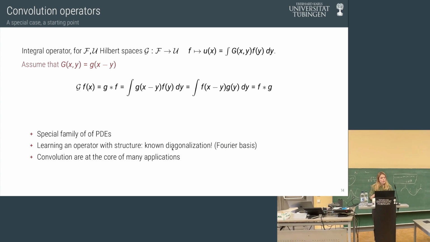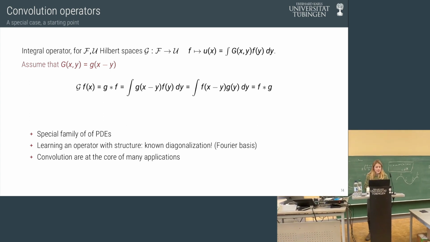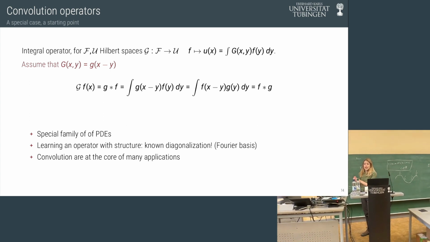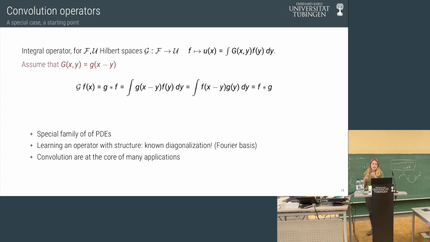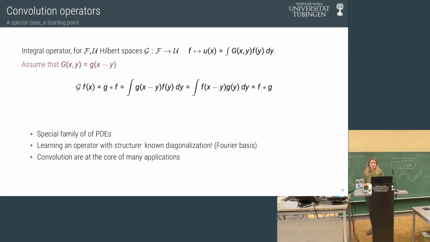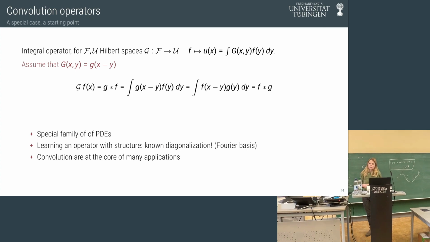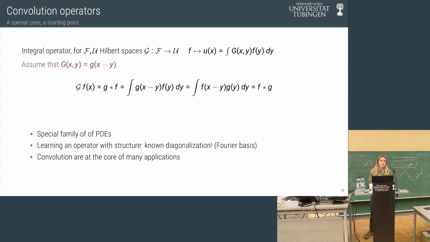What I want to stress here is that this is a special case of before, because if I want to learn this convolution operator, I want to learn a specific type of PDEs. But it's also a starting point to think about a bigger question: what structure does an operator need to have for us to be able to learn it?